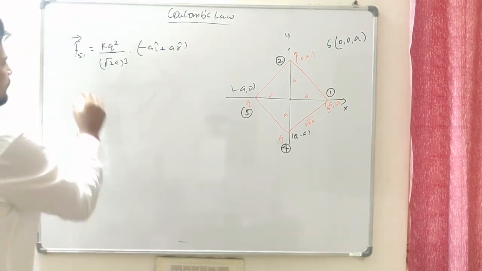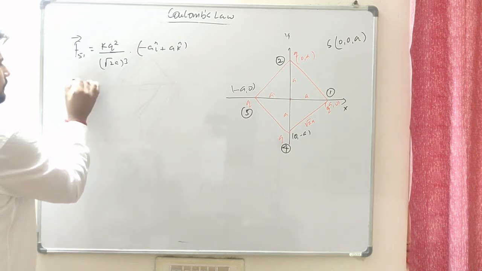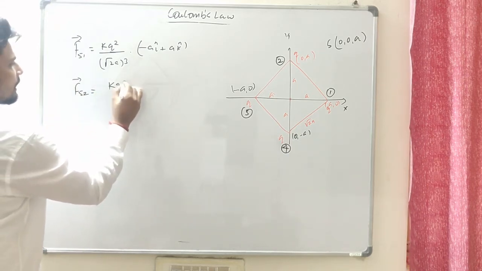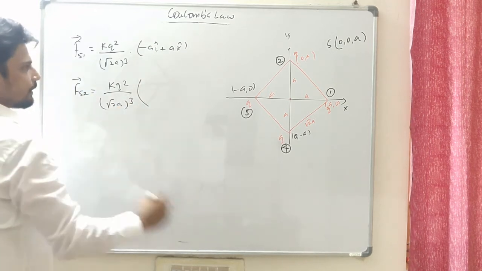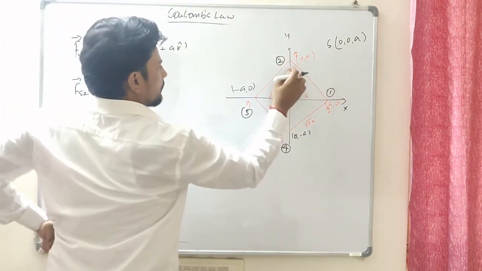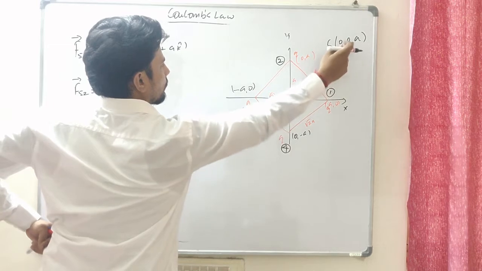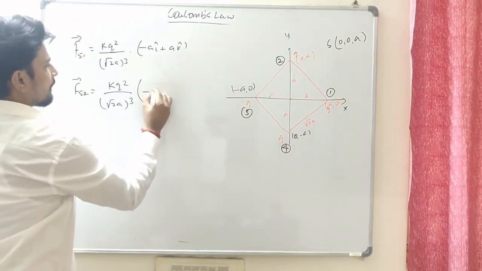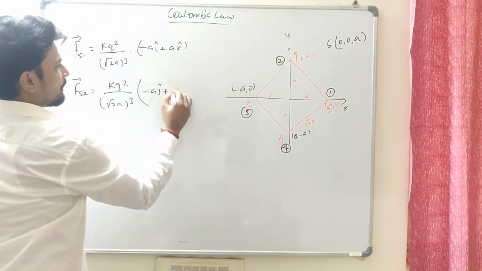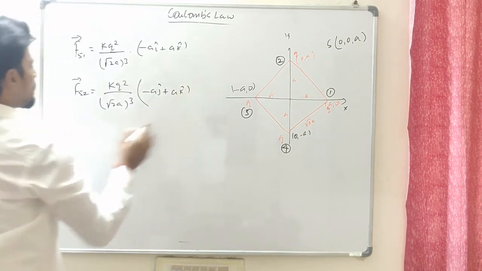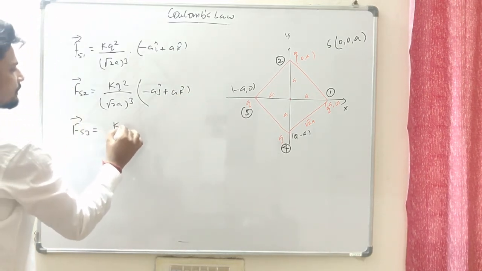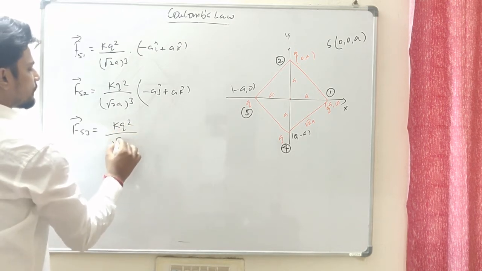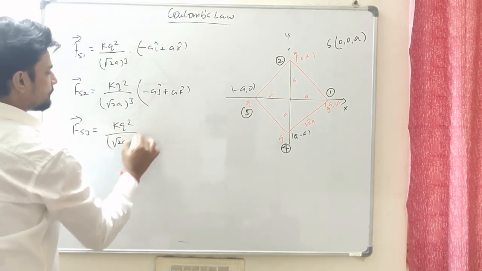Right? Likewise, force on 5 due to 2, that should be again kq square over root 2 times a whole cube. On this, 0 minus 0 gone, 0 minus a, I'll have negative a j cap plus a k cap. Likewise, force on 5 due to 3, that should be kq square over root 2 times a whole cube.